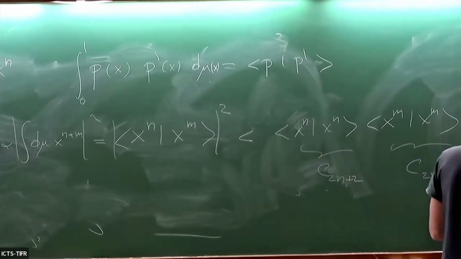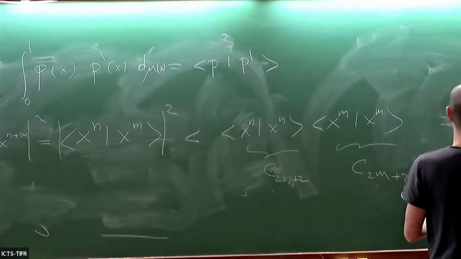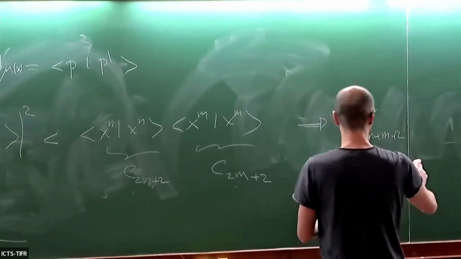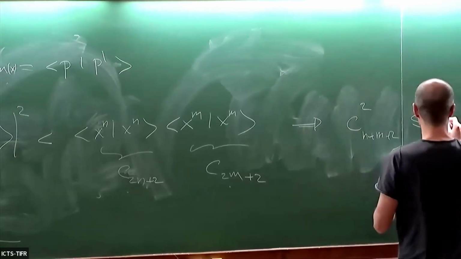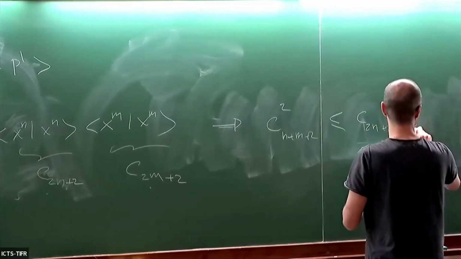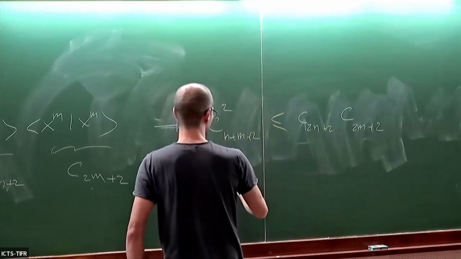I'm not looking at the notes, unfortunately. So this is C_(n+m+2) squared is bounded by C_(n+2) times C_(m+2) for n and m even.